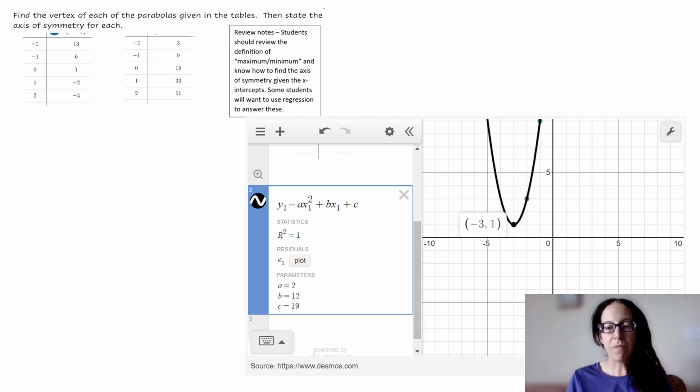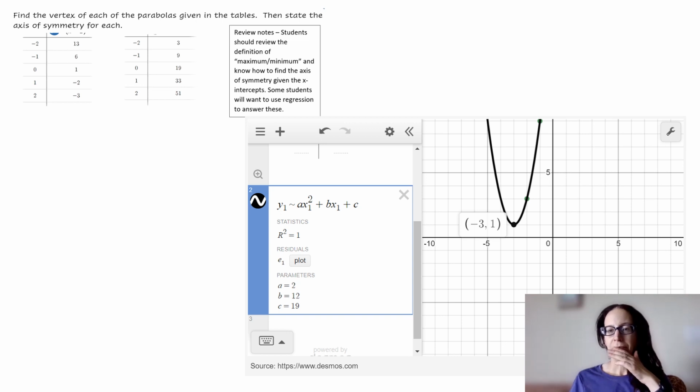Now I'm actually going to click all the way down. Wait a minute, I think I left out the 0. Hang on there. There we go. And then over here we have 13, 6, 1, -2, and -3.